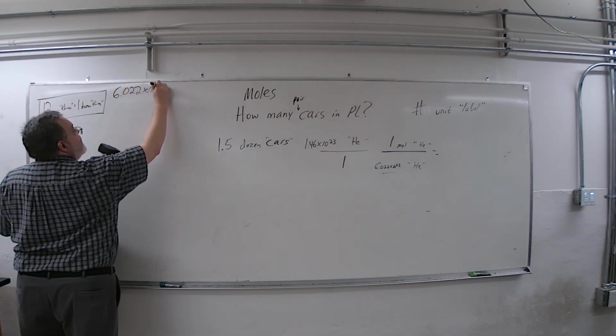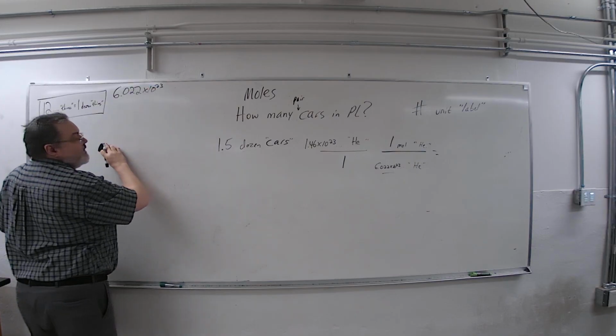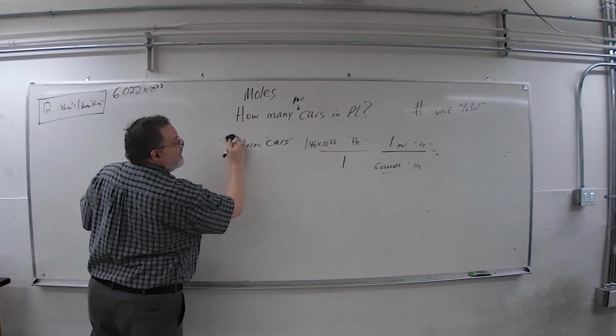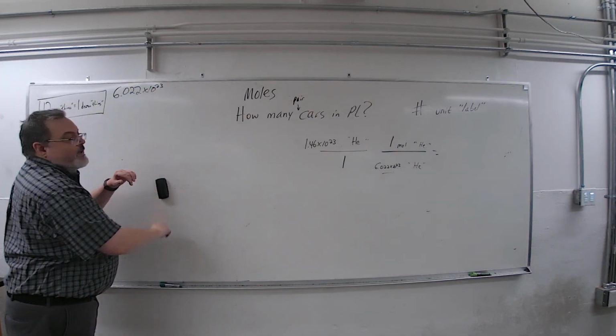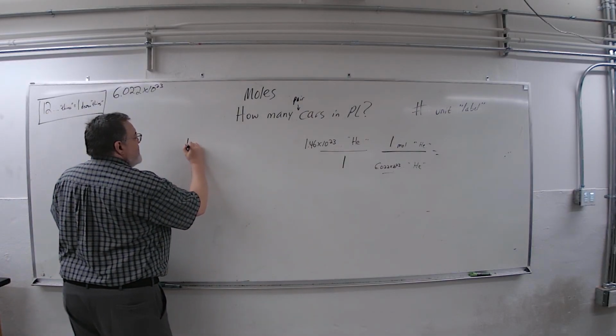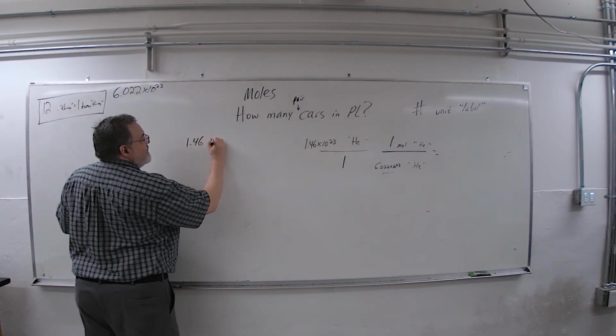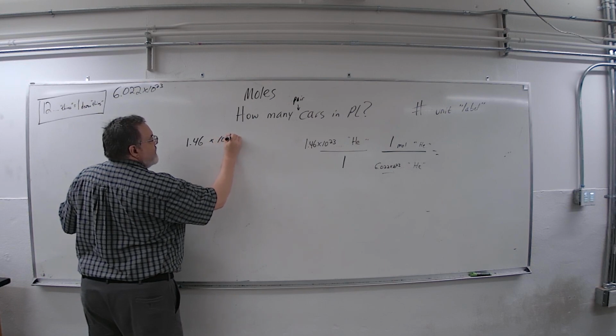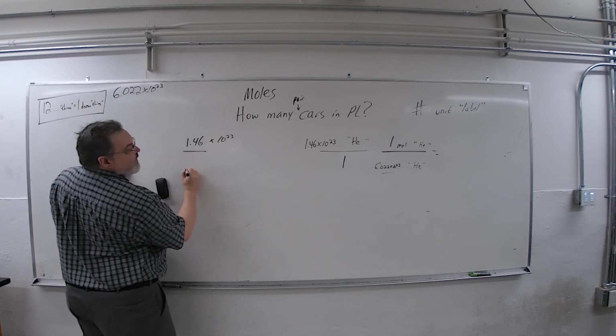And I'll give you this number for a test, if you really want it. All right, if it were me, I would rearrange that to 1.46 times 10 to the 23.